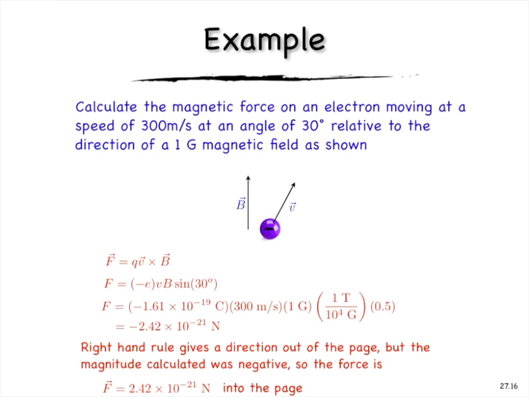If charge is in coulombs, velocity is in meters per second, and magnetic field is in Tesla, which is a Newton per amp meter, we need the force to be in newtons in MKS units. So we're going to equate these two expressions and compare their units.